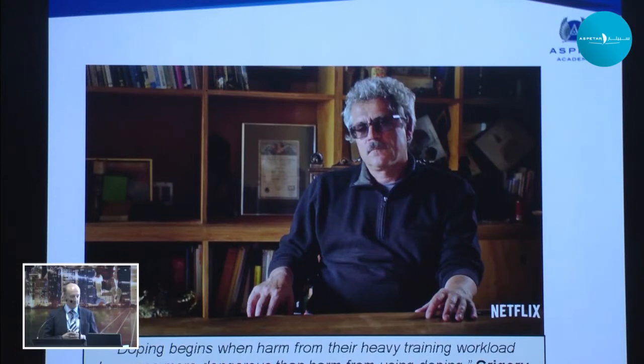This is Grigory Rodchenkov. He declared he was the one that blew up the whole systematic doping story in Russia. And he said that doping begins when harm from heavy training workload becomes more dangerous than harm from using doping. So this is why it's important to measure training load, because unfortunately history has told us already that many athletes couldn't cope with the training load that was given to them, and therefore they looked for avenues to survive.